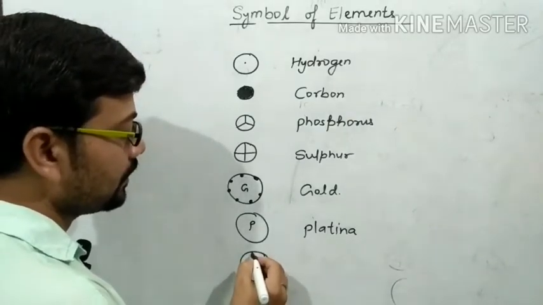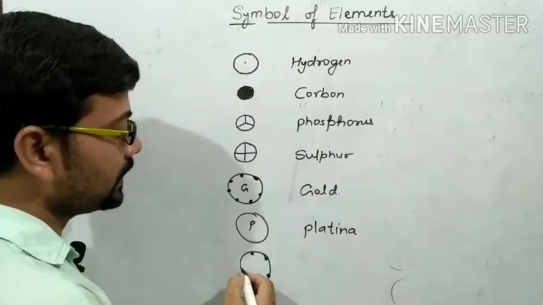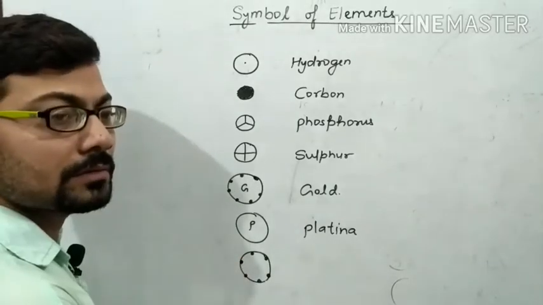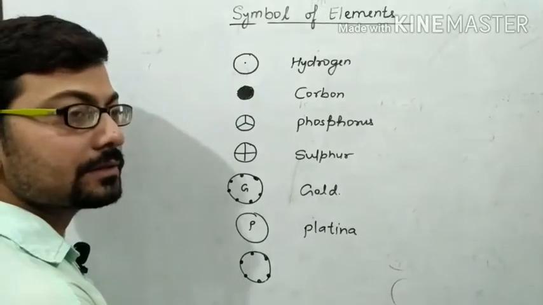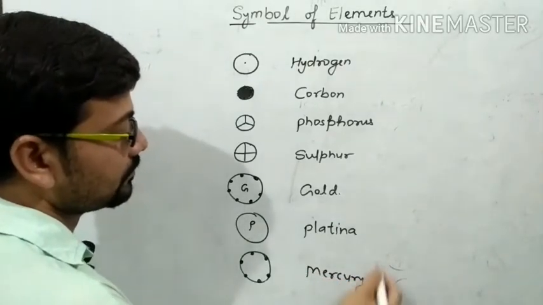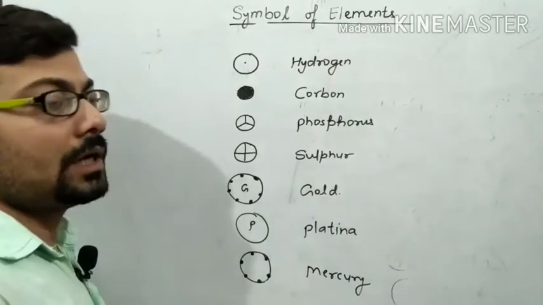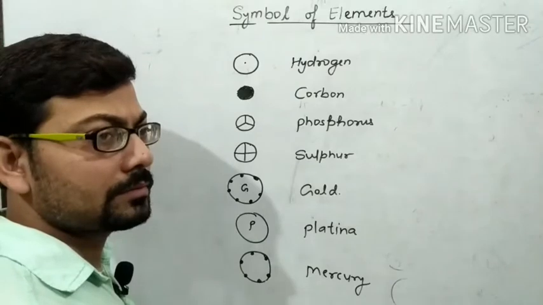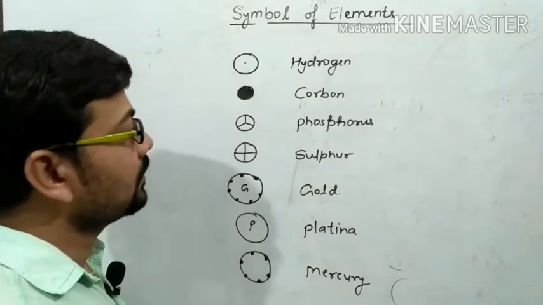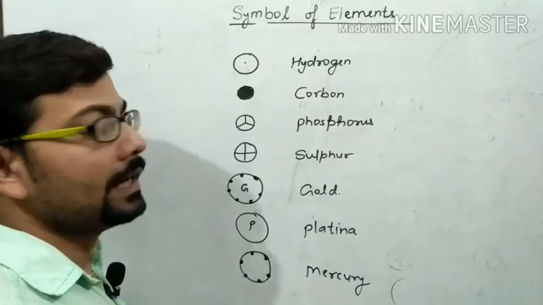If a hollow circle is represented with a solid dot, this indicates mercury. So these are the symbols which indicate the elements.